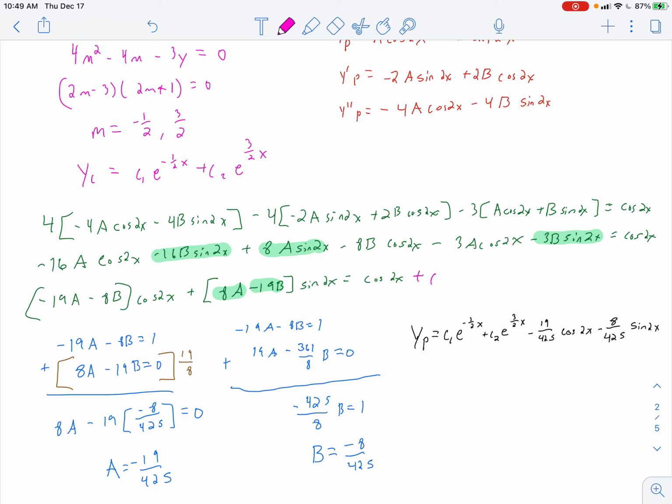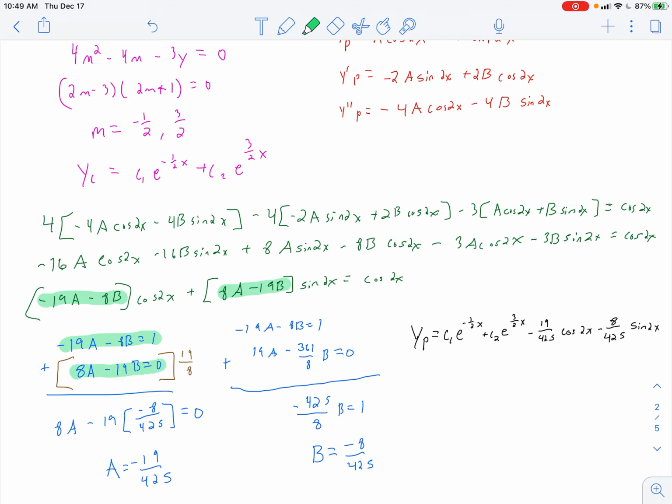Notice there's no sine 2x on the right, so that coefficient is 0. So we set that equal to 0. Right here, we have negative 19a minus 8b equals 1, and 8a minus 19b equals 0.